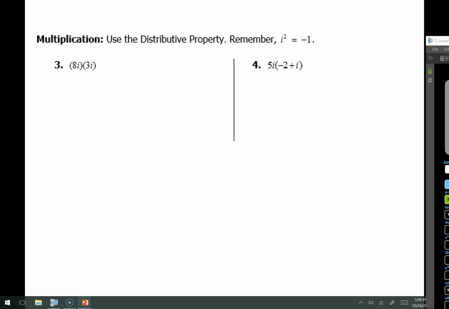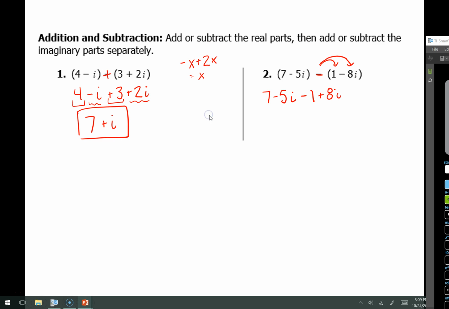The same way that we do in all of the other simplification of like terms, distributive property, everything that you've done in the past. Now again, we're going to look for like terms so that we can add and subtract them. I've got 7 minus 1, which is 6, negative 5i plus 8i, so that's positive 3i. Again, that i is acting just like a variable in this context.